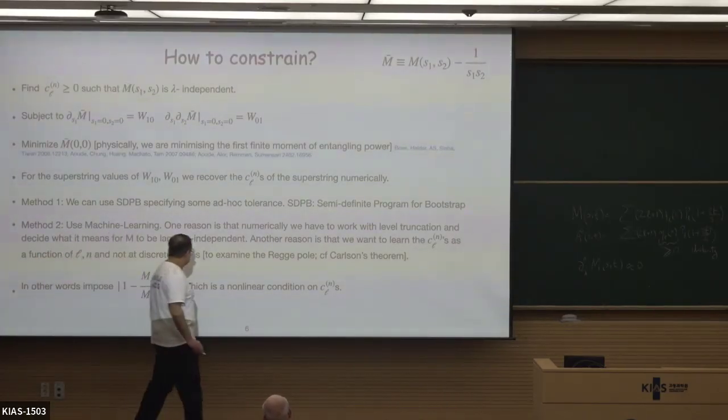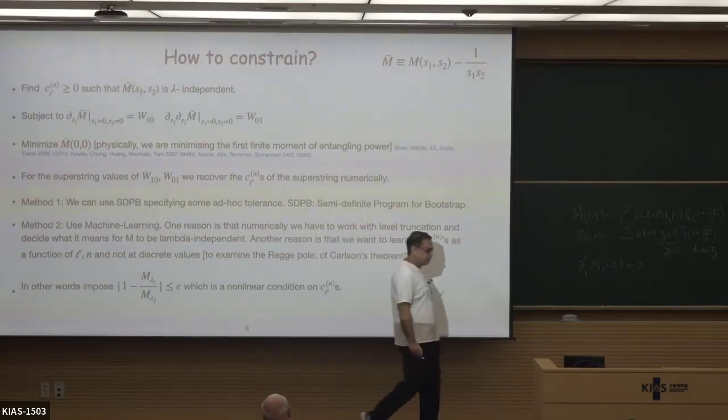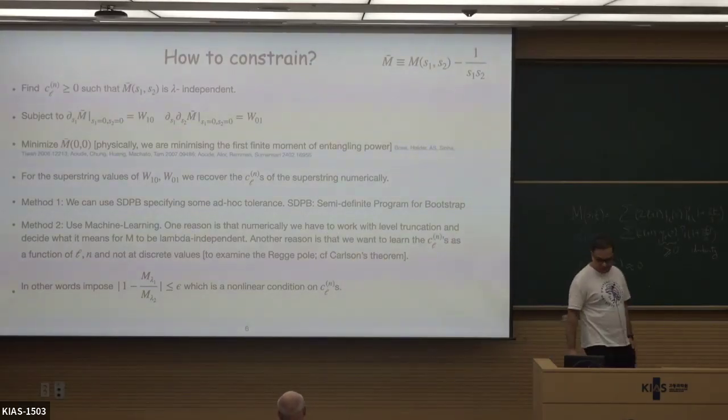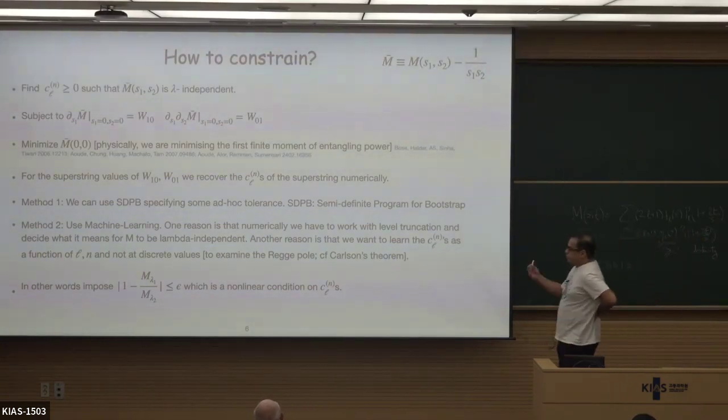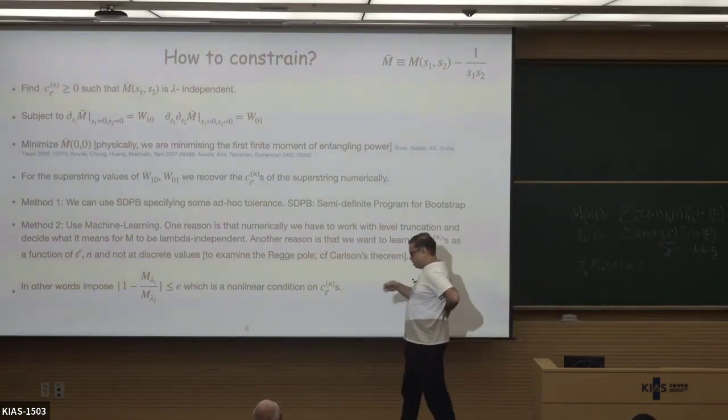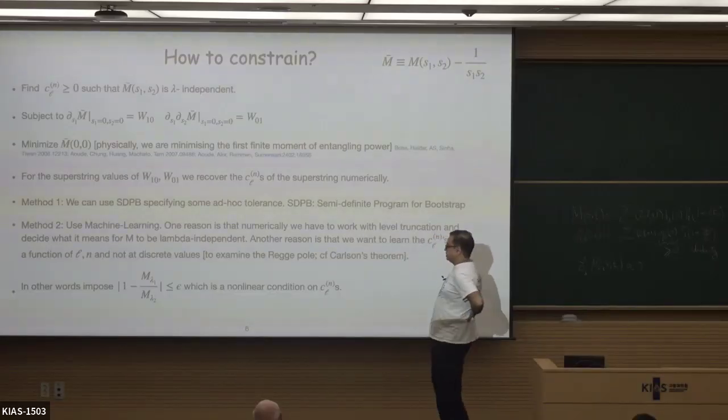Okay, so we want to impose this kind of a constraint, and this turns out to be a nonlinear constraint on these partial wave coefficients. That is why this cannot be imposed directly in SDPB. So trying to use some nonlinear optimizer or trying to use machine learning is a good idea here.